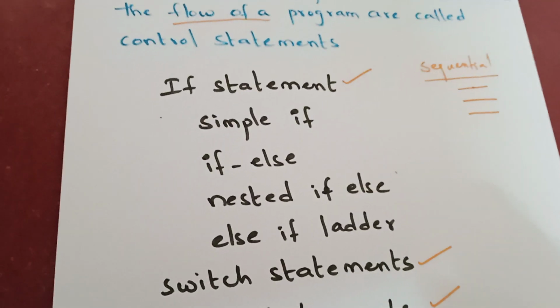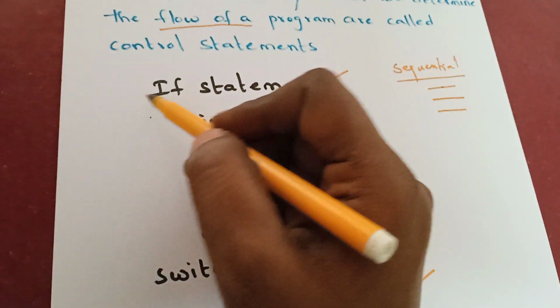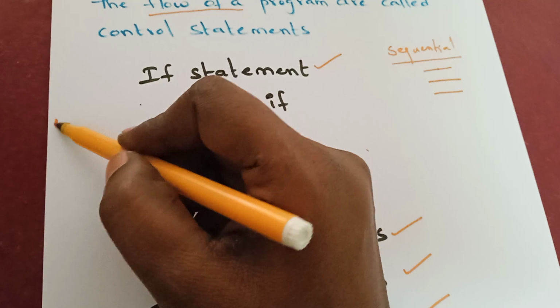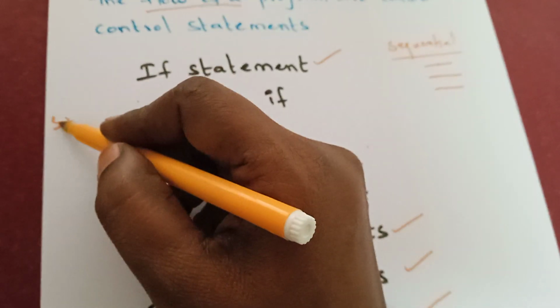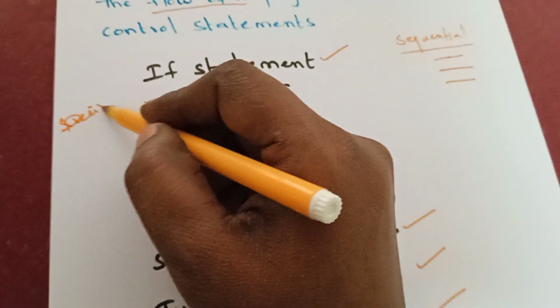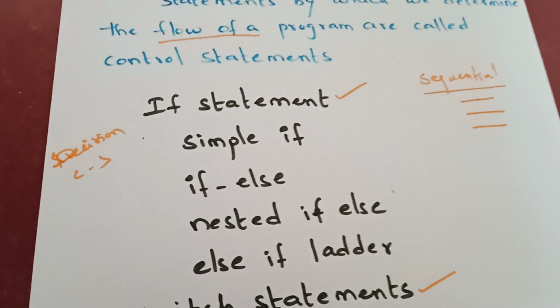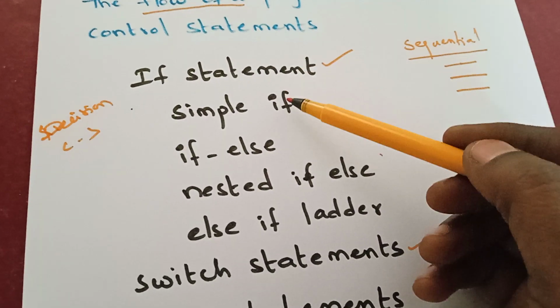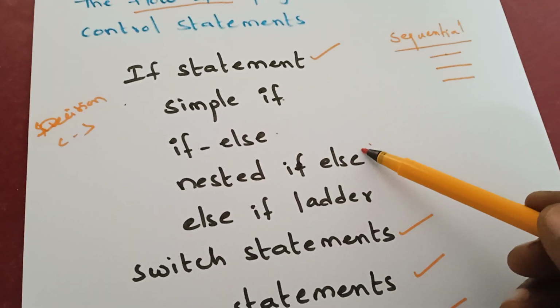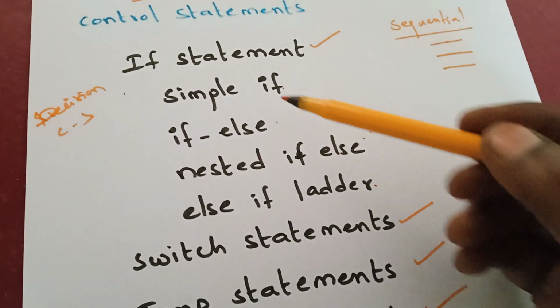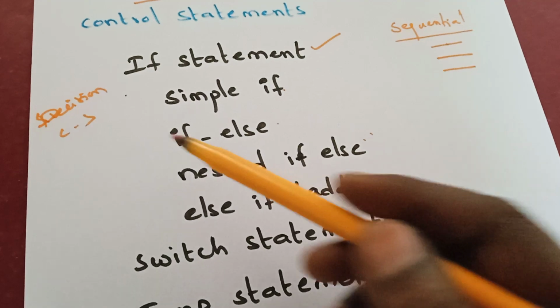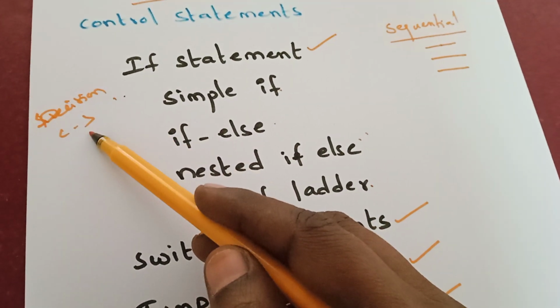These are the categories of it. And generally if statements are called decision control statements. All these categories, simple if else, nested if, if ladder, all will come under decision control statements.